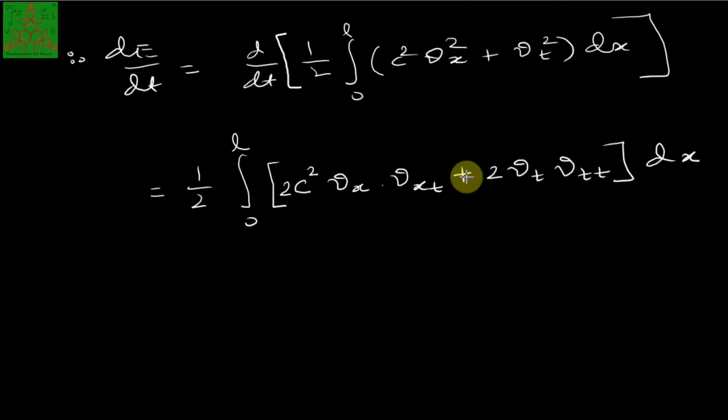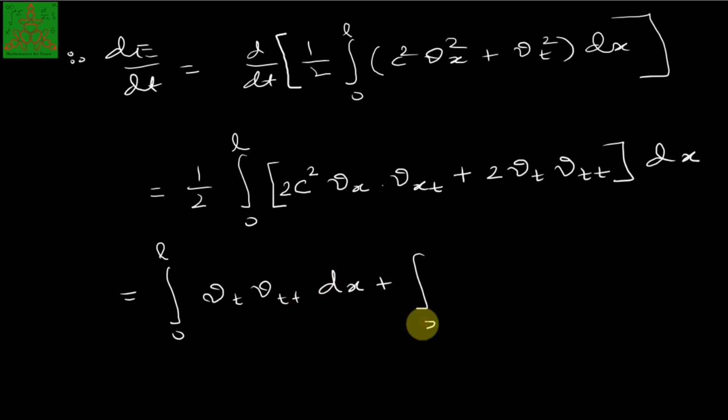Now this 2 is common and cancels out, so we are left with the integral from 0 to L of v_t v_tt dx as it is, plus the integral from 0 to L, where c² is also constant so I take it out, of v_x v_xt dx.